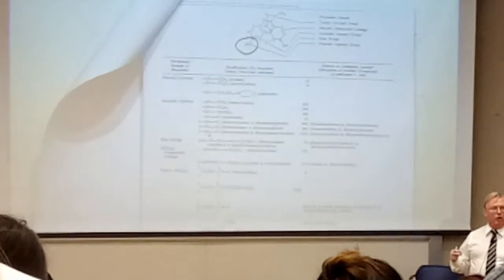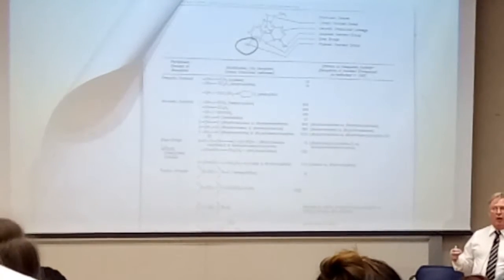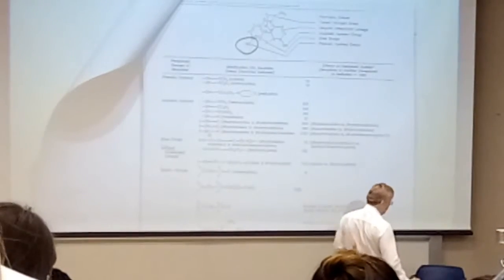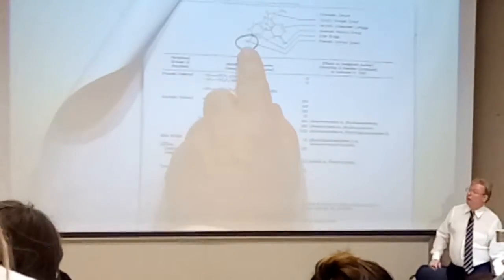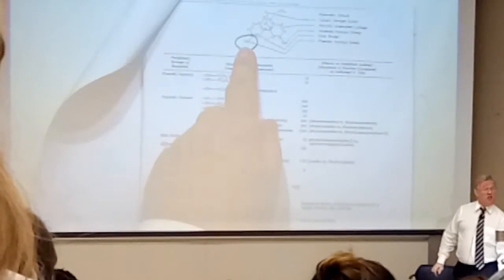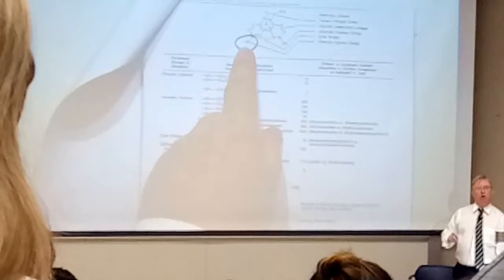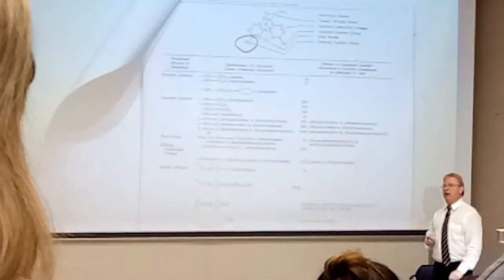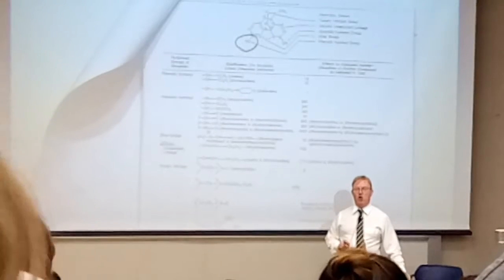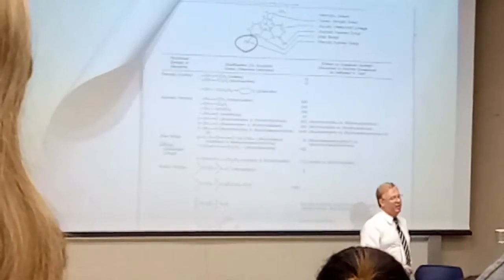Does anybody know what codeine is? It's methylmorphine. You take away that hydrogen here and replace it with a methyl group, and that's codeine. Is codeine active by itself? What do you think? No, it's a prodrug of morphine.